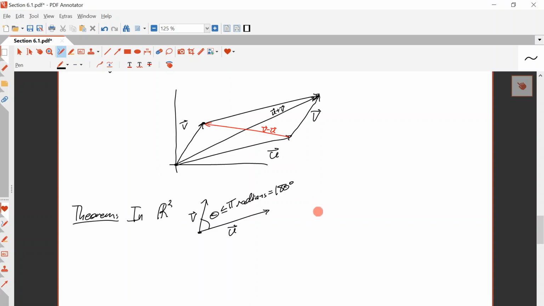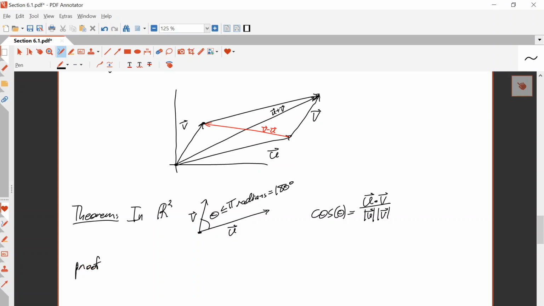All right, well, this looks more magical than what it is. Cosine theta, the cosine of that angle, is u dot v over the length of u times the length of v. It looks way complicated, but it's actually just the law of cosines in there.